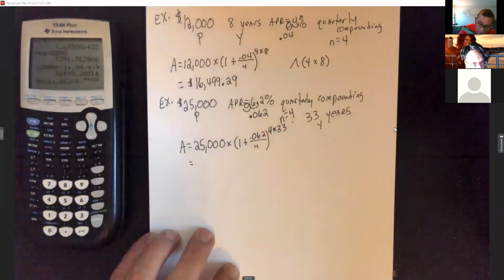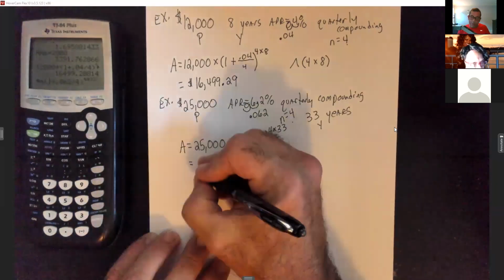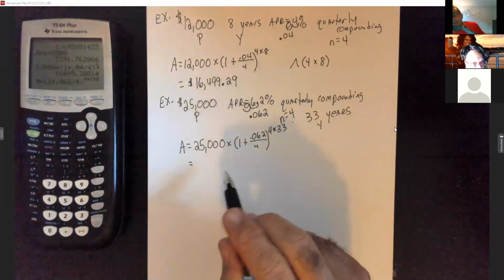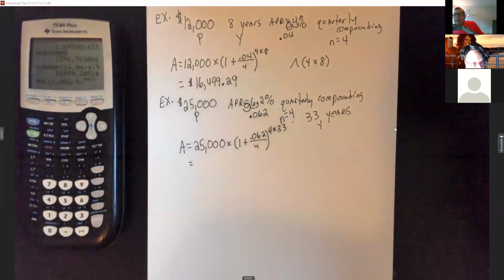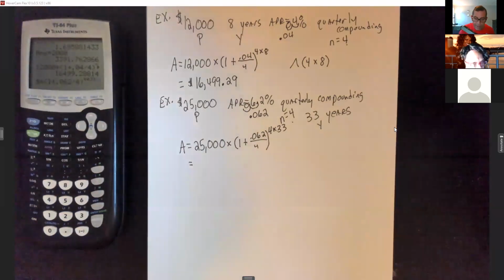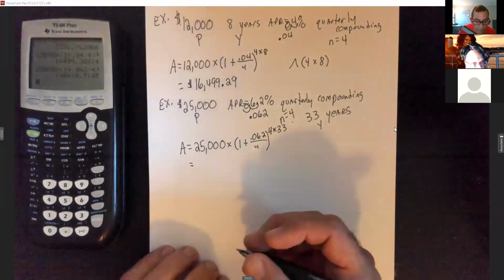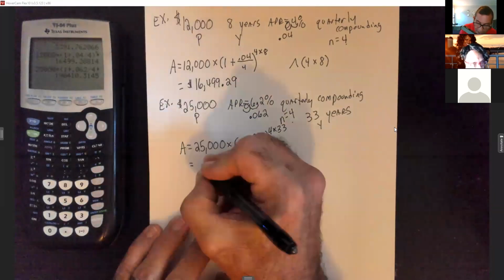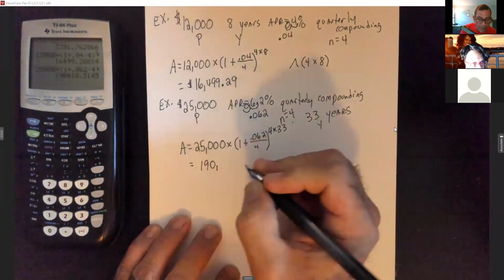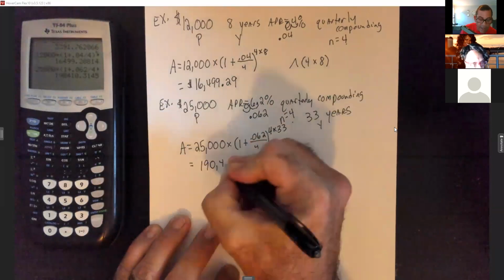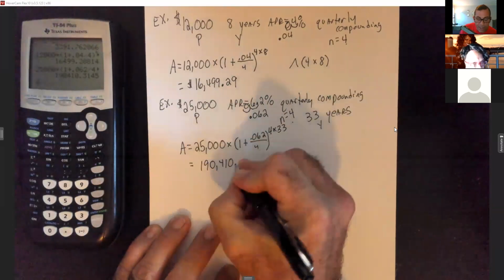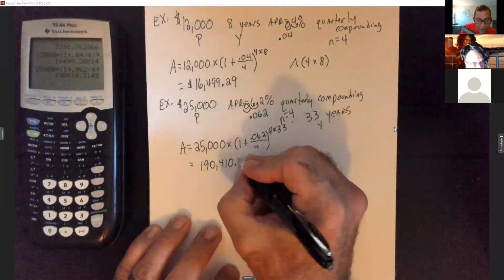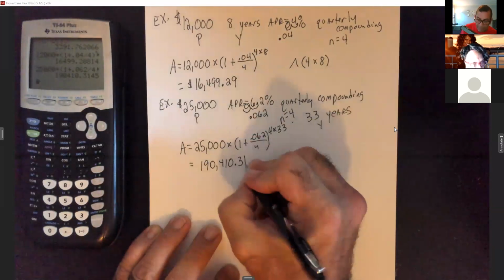All right, y'all, so we're about to see what happens to $25,000 invested at that percentage rate, compounded quarterly for 33 years. Y'all ready? Here we go. Woo, y'all look at that. That is, oh my God, that's like $190,410. And rounding to the nearest cent looks like a 31, because that's a 4 after it.